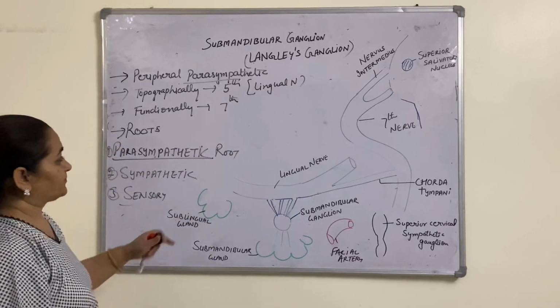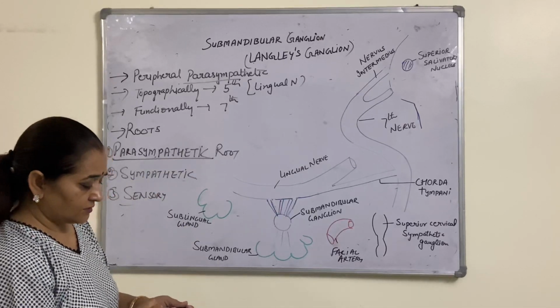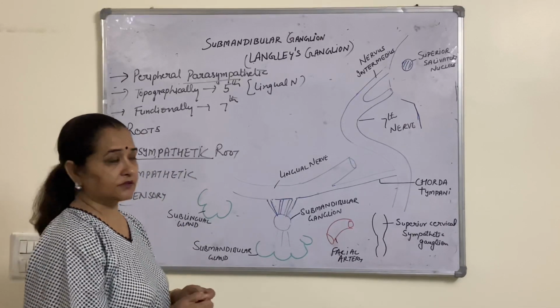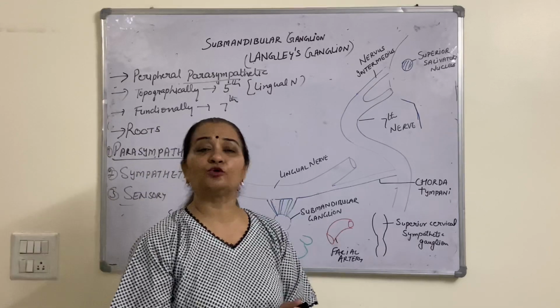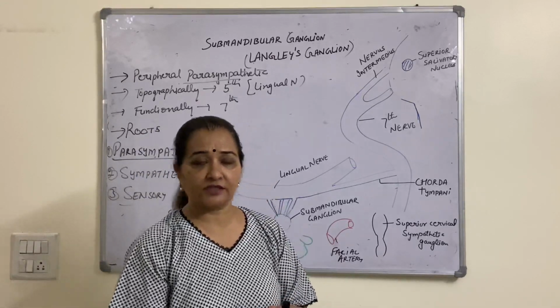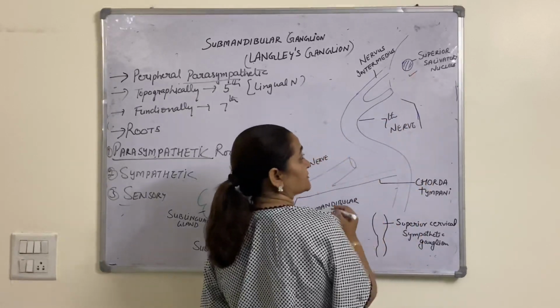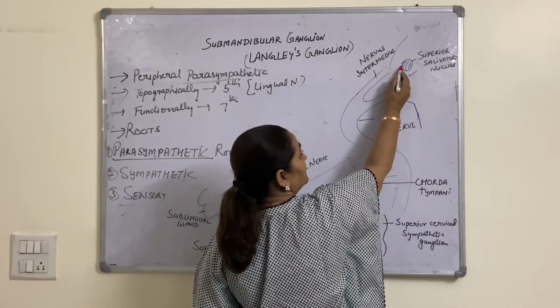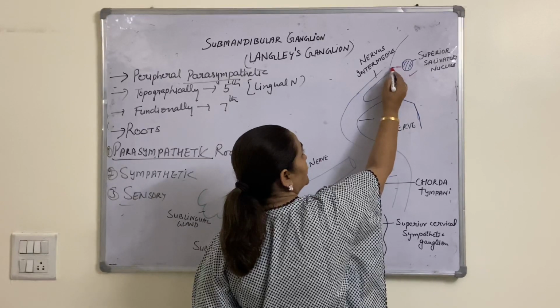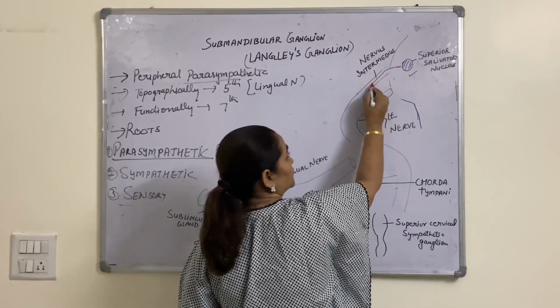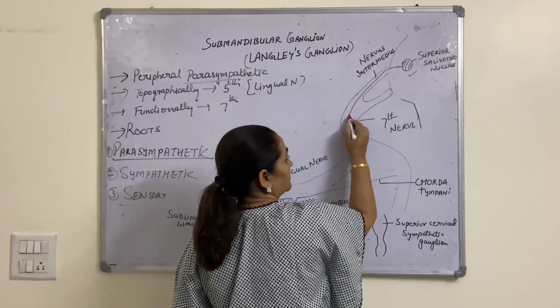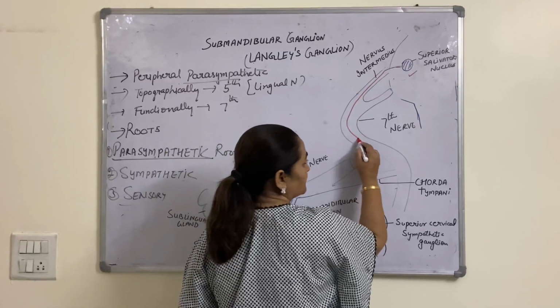The parasympathetic secretomotor fibers start from the higher center. From which part? That is the superior salivatory nucleus. From this nucleus, the fibers enter into the nervus intermedius portion of the seventh nerve and run along with it.